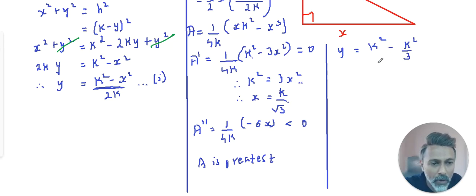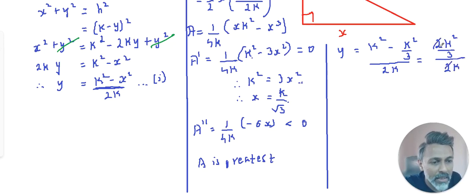LCM, 3k square minus k square is 2k square upon 3. 2k square upon 3 upon 2k. 2 cancels, even one of the k factors cancels out. So we get y is equal to k upon 3.